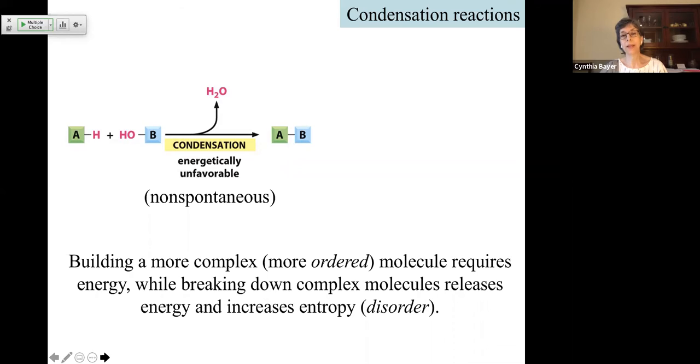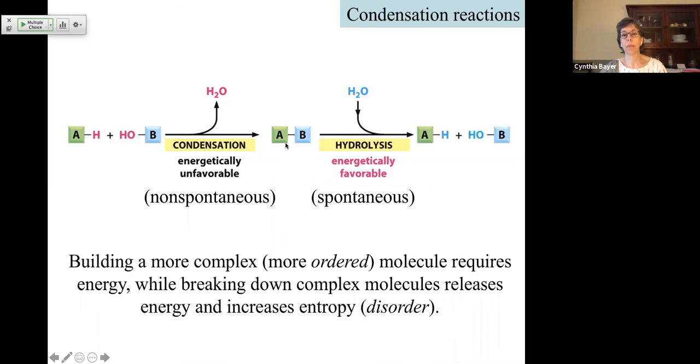While breaking down this complex polymer, that hydrolysis in the presence of water, breaking it down to its constituent subunits is energetically favorable. That's a spontaneous reaction. Energy will be released. Both types of reactions are actually going to increase disorder of the universe.